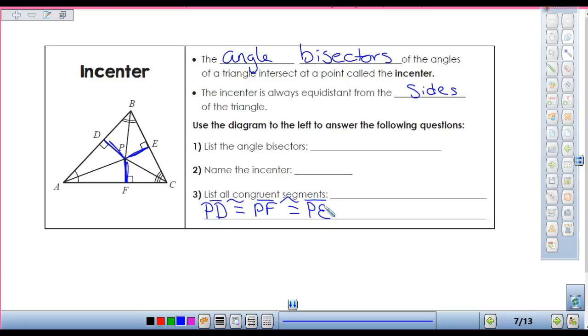One thing you have to remember with angle bisectors is that if this angle gets bisected, BE is also congruent to BD. AD is going to be congruent to AF, and FC is going to be congruent to EC.